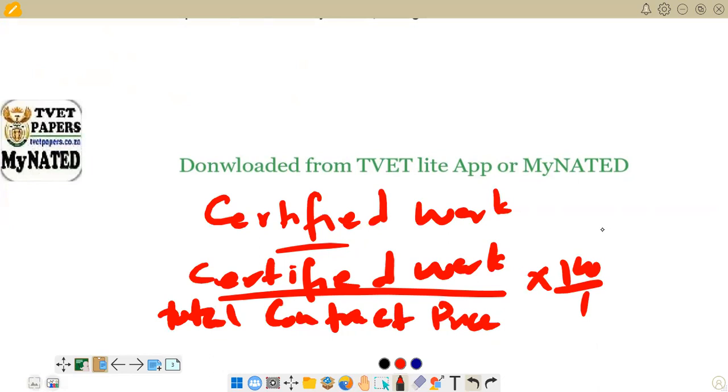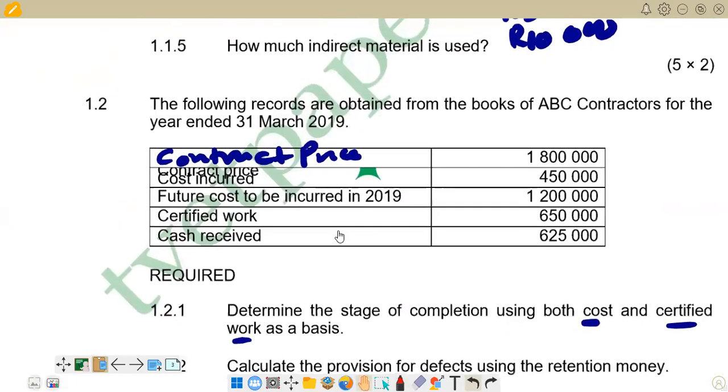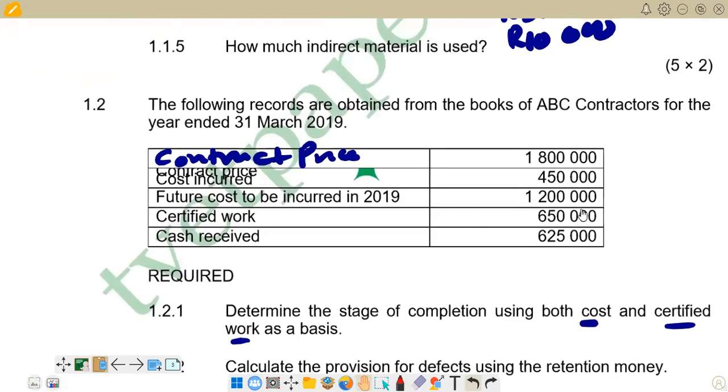So we're going to check the figures for certified work, and then for the denominator is total contract price. Certified work, we have got 650,000, and then contract price is 1,800,000.